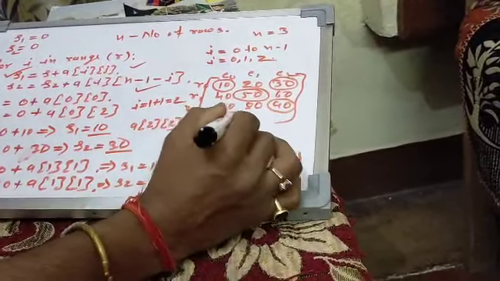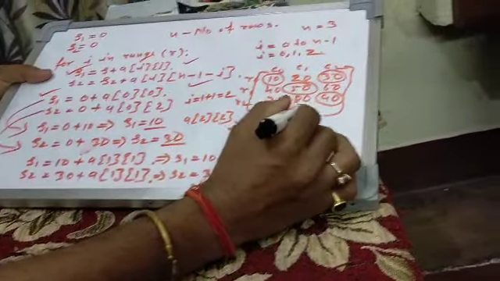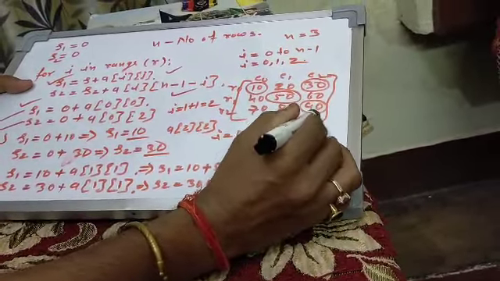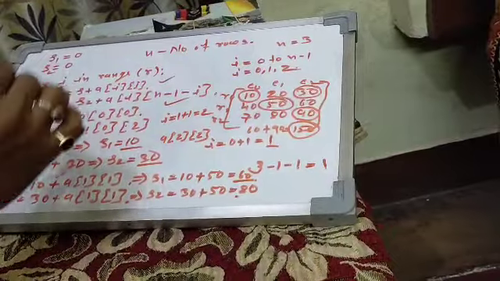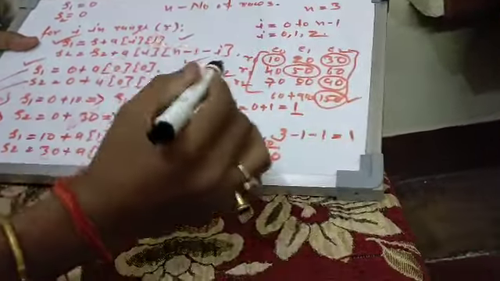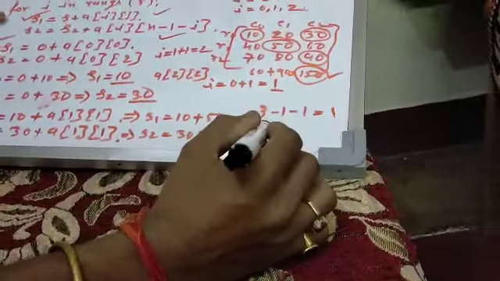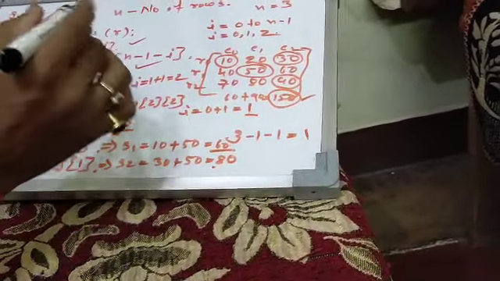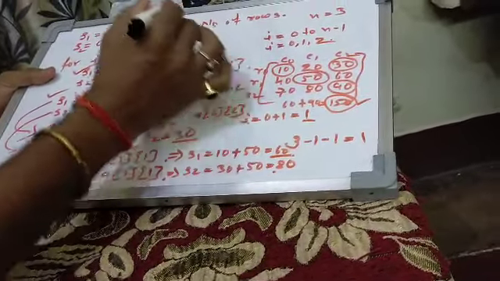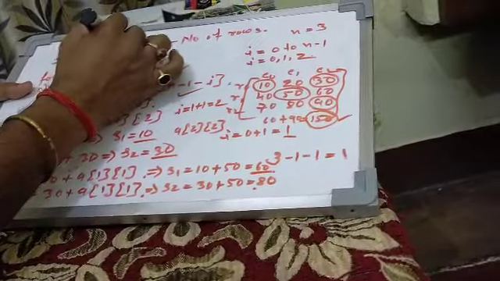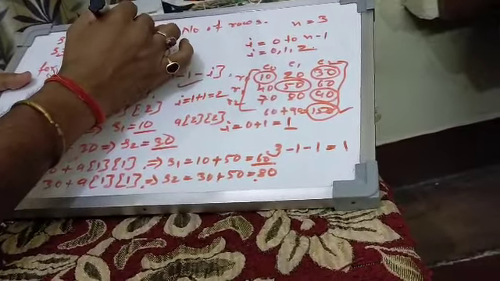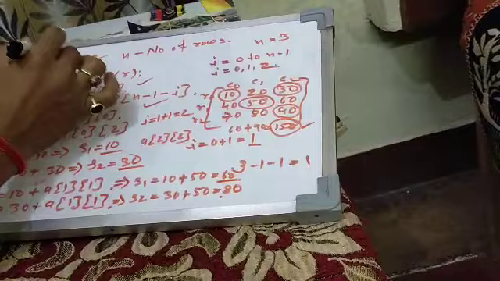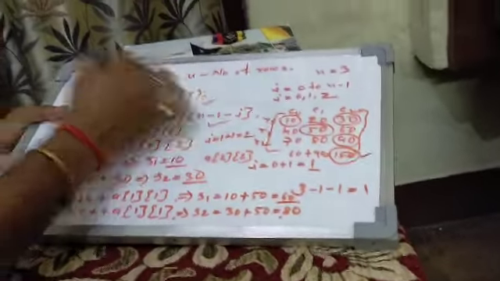So 60 plus 90 is equal to 150. This and this. And what will be the value of S2? S2 की वैल्यू क्या होगी? n माइनस 1 माइनस आई, मतलब 3 माइनस 1 माइनस 2 है i की वैल्यू, तो यहाँ से हो गई ये 0.